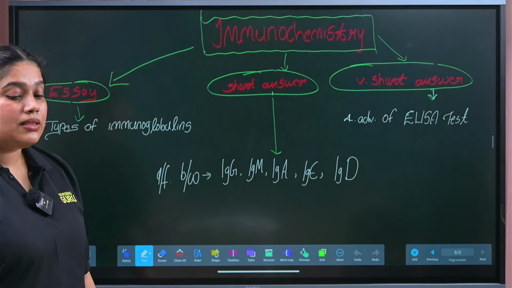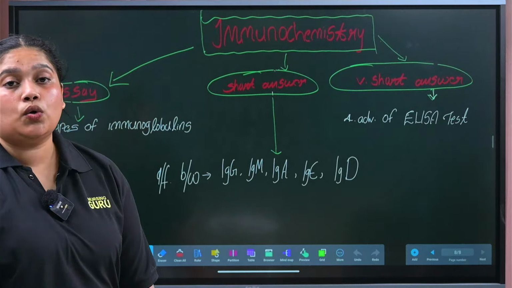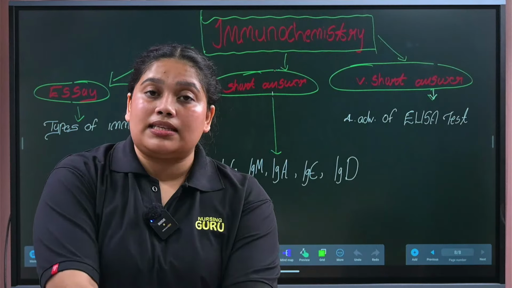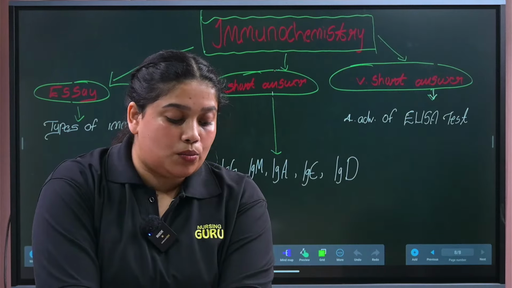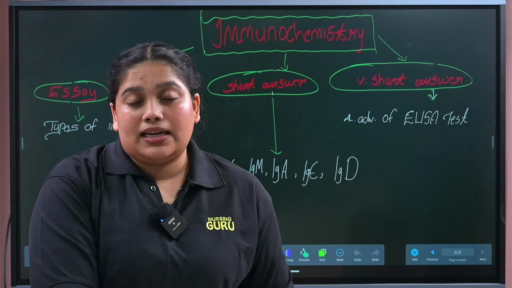immunochemistry. From this chapter, the expected essay question is types of immunoglobulins. Okay, so for an essay, same as everything, you have to give a definition. What is an immunoglobulin? So write what is an immunoglobulin and the types. What are the types?